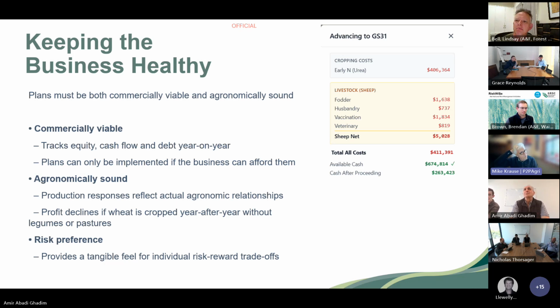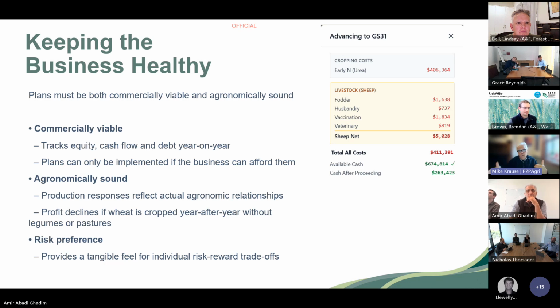One interesting observation I had, and Amir's using it as a research tool now, is that the first game I was using out of WA was based at Merredin, which was a low rainfall farm in WA. And the only consistent thing I could pull out of it is that the groups that would win at the end of the 5 seasons weren't the groups that were the big risk takers.